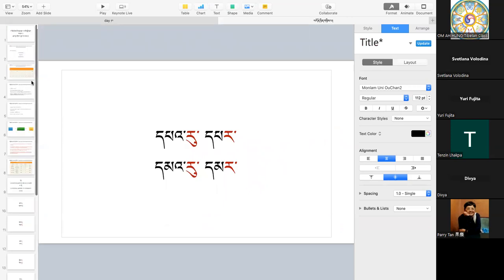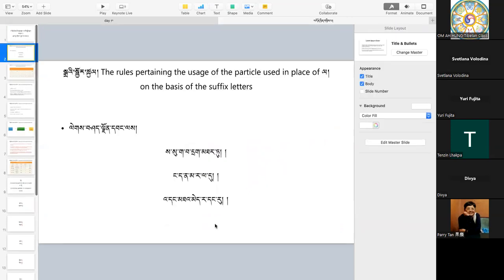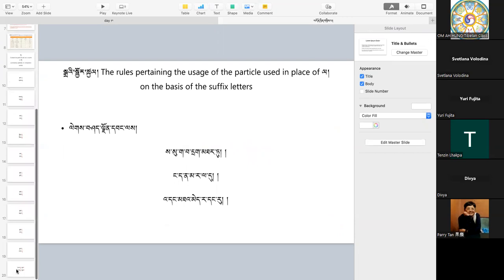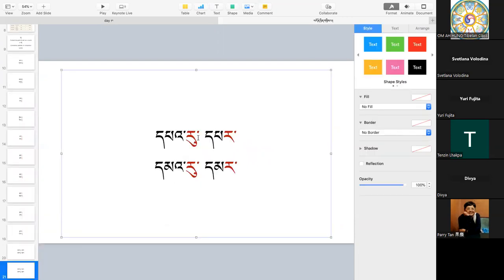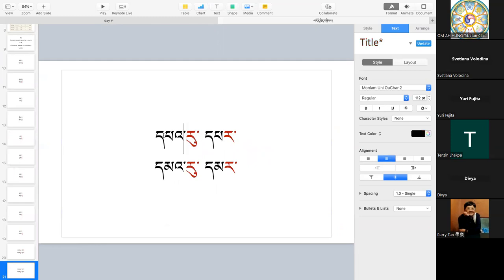Okay, so now finally, tame. Tame means without suffix. So if a name doesn't have any suffix, then in those cases too, we will be using ra and ru. Saru. Soru.